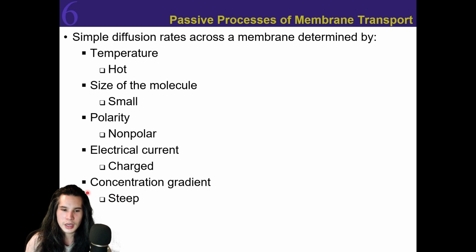And then lastly, we have concentration gradients, and this one kind of makes intuitive sense. If you have a lot of some kind of substance on the outside of the cell, and none inside of the cell, it's going to have a very steep concentration gradient, meaning the difference between the outside and the inside is very large. So the larger that difference, the steeper the concentration gradient, the faster it's going to move across that membrane.